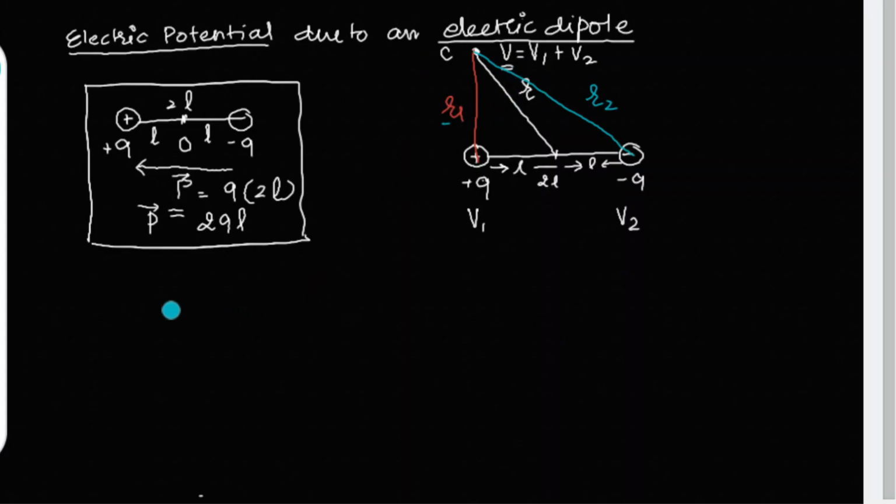So as we know, in general, we can write potential V equals, what will we write?